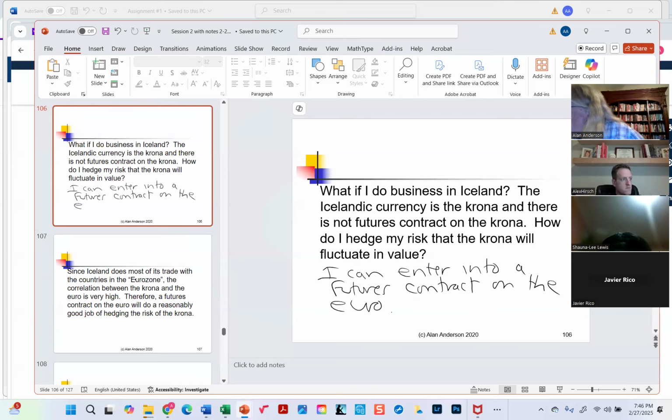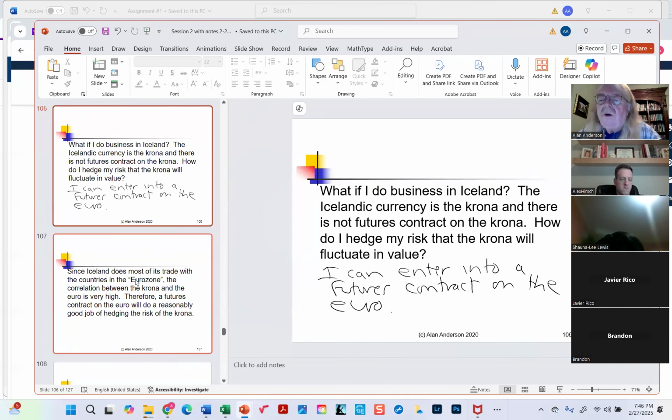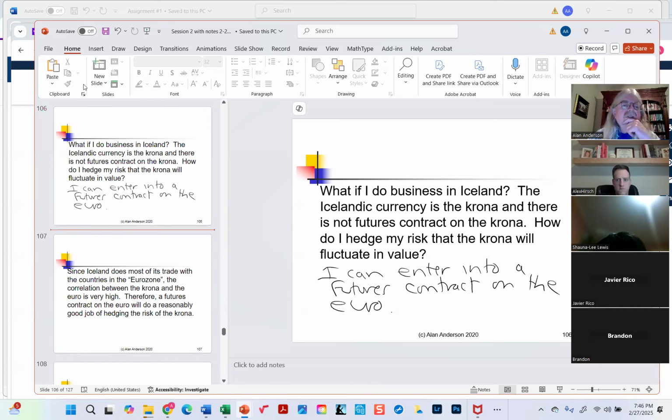And you're probably saying, why the euro? We're not doing business in Europe. We're doing business in Iceland. Well, how does that help me? Well, this comes down to this magic word, correlation.